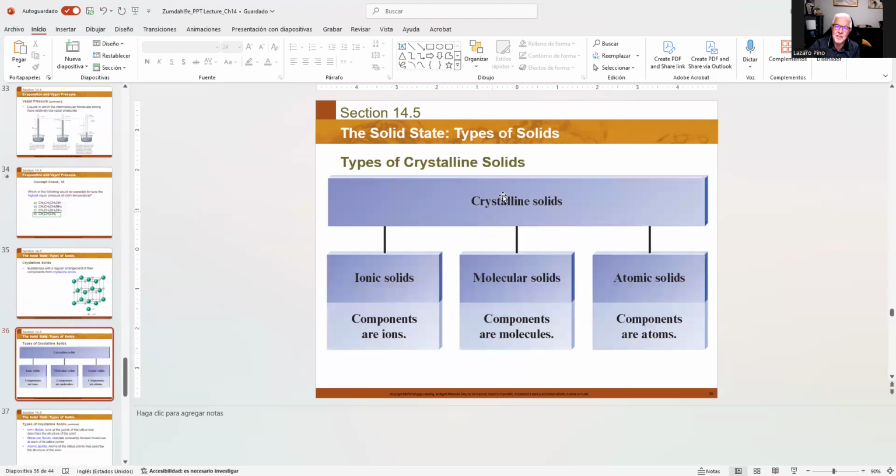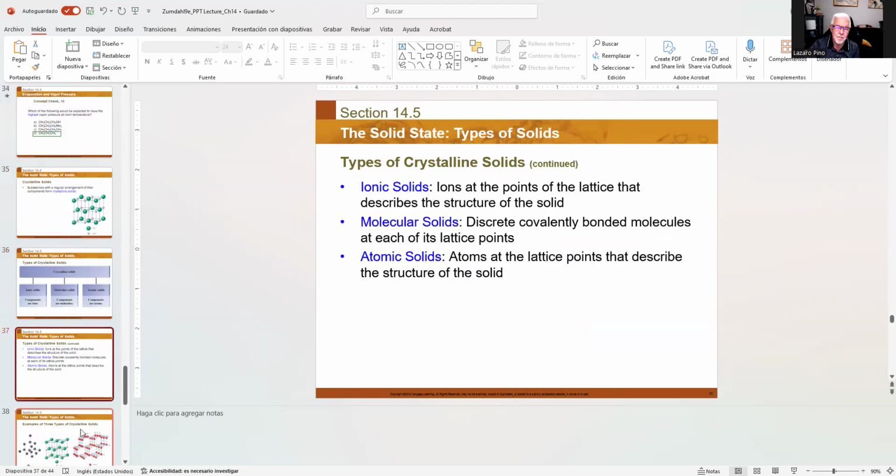The crystalline solid can be divided into ionic solids, where the components are ions, molecular solids, where the components are molecules, or atomic solids, where the components are atoms. In ionic solids, ions are at the points of a lattice.